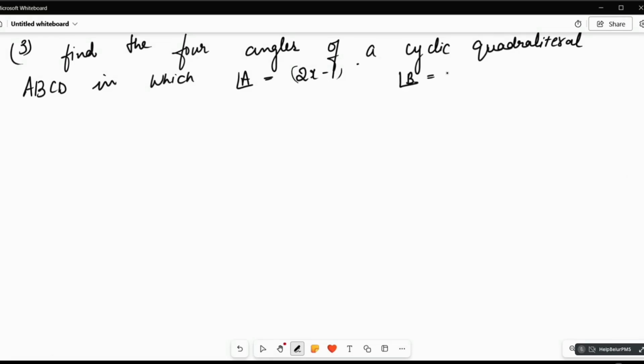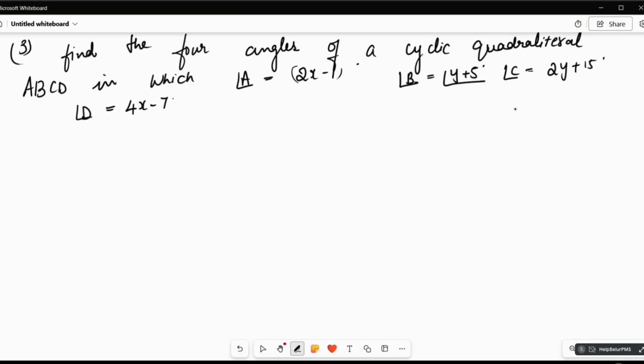Angle B is equal to y plus 5 degree. Angle C is equal to 2y plus 15 degree. And angle D is equal to 4x minus 7. Okay. So this is the given question.